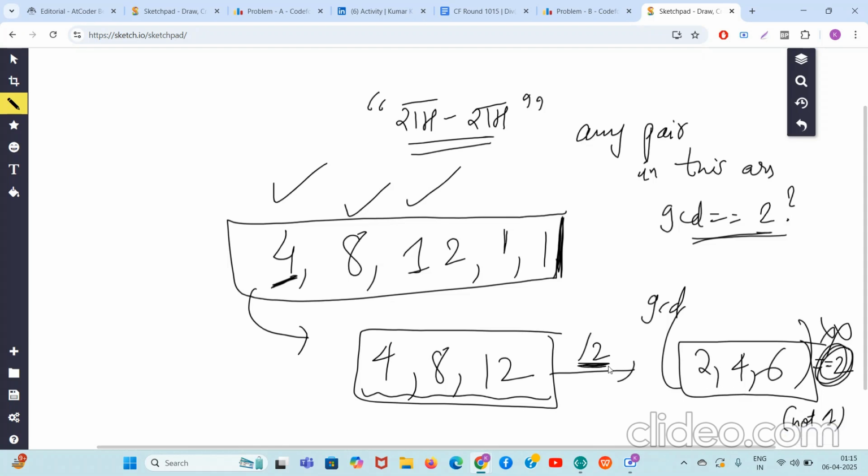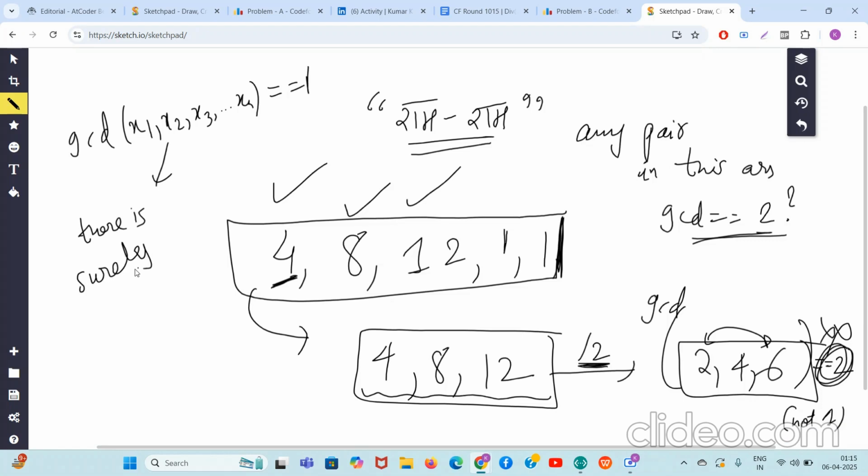If after dividing them by 2, none of them had any common factors, like if their GCD was 1, it would mean that there is at least one pair of numbers. What I am trying to say is that if I tell you that the GCD of x1, x2, x3 till xn is equal to 1, this means that there is surely a pair in this sequence such that GCD of xi, xj is equal to 1.